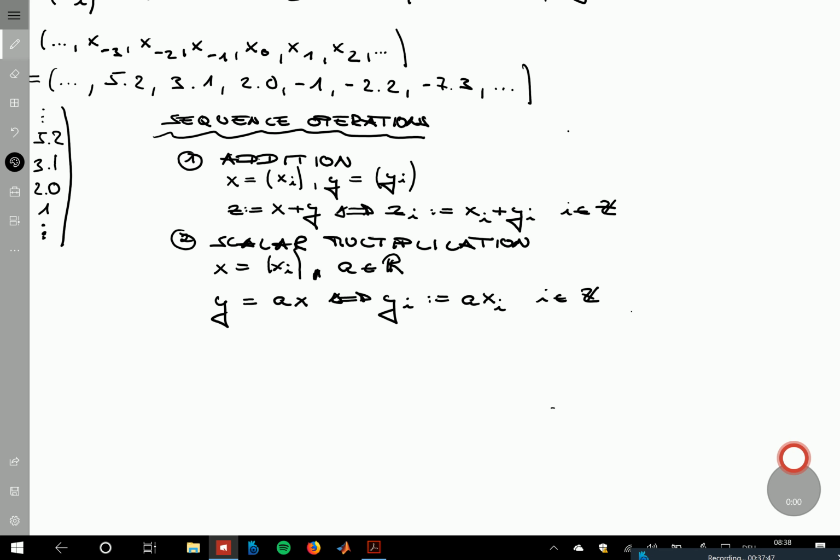So for example, if we have one sequence here, 1, 4, -2, 0, and we have the scalar 2, then we can form the scalar product 2 times our sequence here.